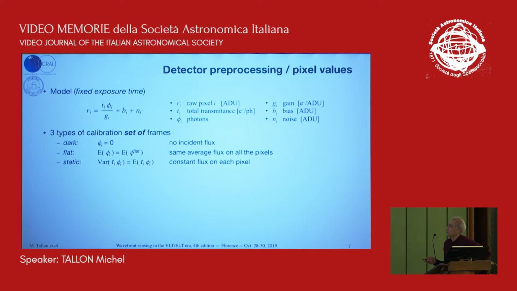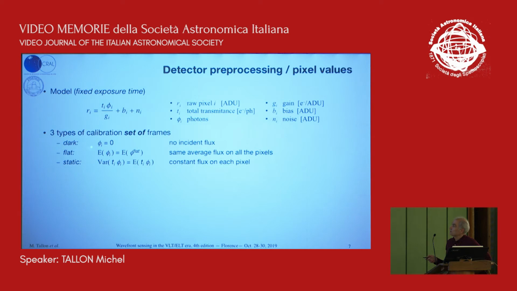So it's classical. And so we need 3 sets of frames for calibration. Actually, it's a bunch of frames, because on some of them we want to have the variance, not only the expectation or the mean.